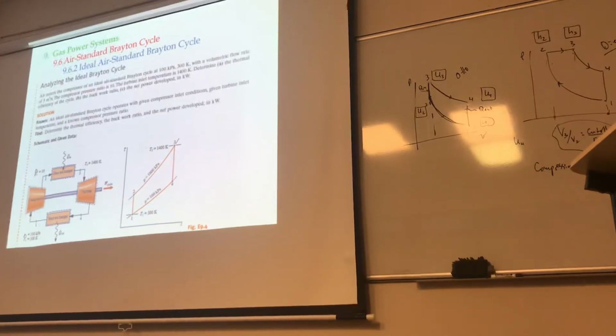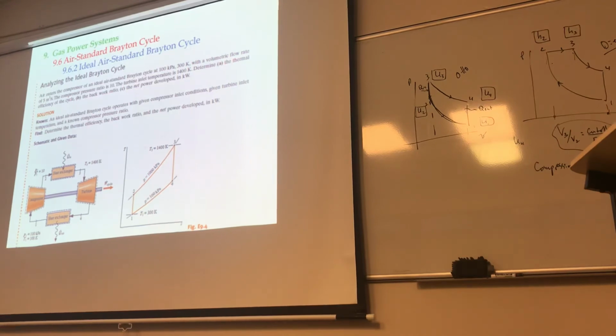So air enters the compressor at 100 kilopascals at state 1, and temperature T1 is given, with a volumetric flow rate of 0.05. The compressor pressure ratio, instead of the volume ratio, is 10. That's why we use the P_r's instead of the V_r's. The turbine inlet temperature is 1400, so this temperature is given.